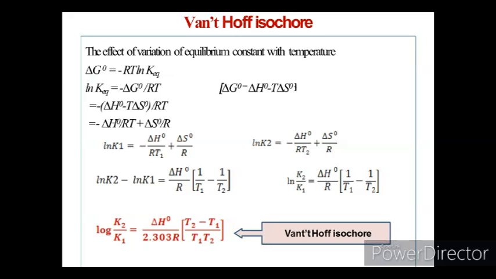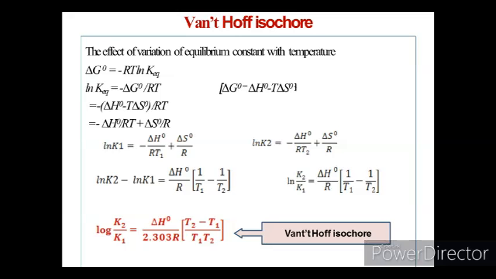For temperature T2, ln K2 minus ln K1 is equal to delta H0 by R, which is a common term. One side has plus delta S0 by R and the other has minus delta S0 by R, so both cancel. Remaining, I write here delta H0 by R times 1 by T1 minus 1 by T2.